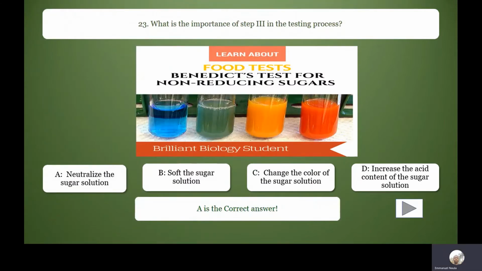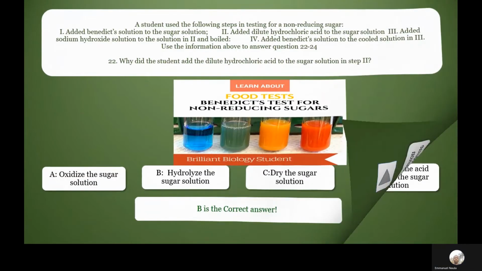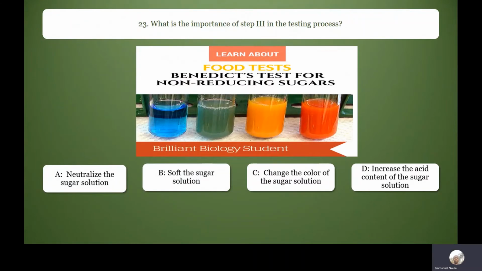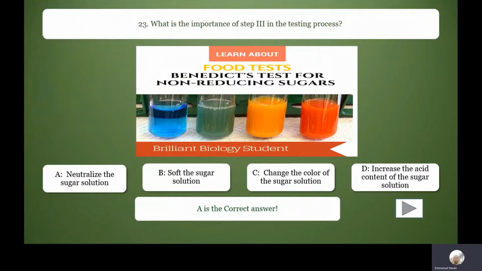What is the importance of step 3 in the testing process? What's step 3 again? Sorry. Step 3 is to add the sodium hydroxide solution. So what's the importance of adding sodium hydroxide solution after adding the HCl? It is to neutralize the sugar solution.